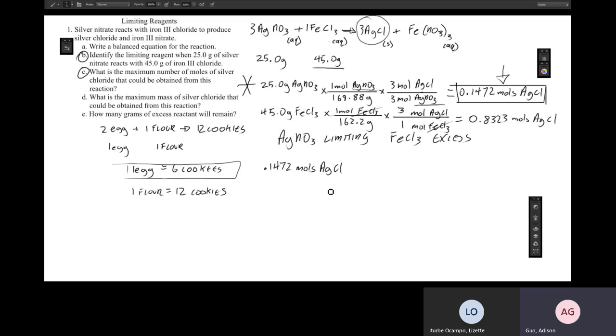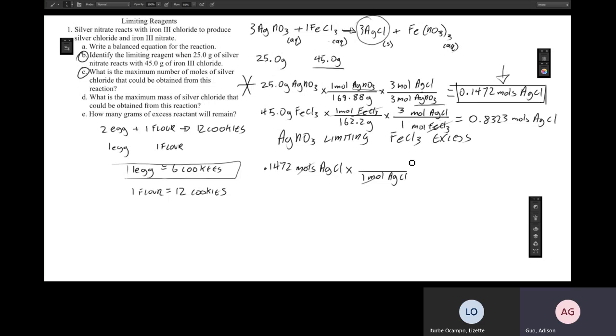D asks, what's the maximum mass of silver chloride that can be obtained? So they don't want the moles this time, they want the mass. Whenever you go from moles to mass, you're going to have to use the molar mass. Make sure things cancel out. I want moles on the bottom, so I can cancel out the moles.